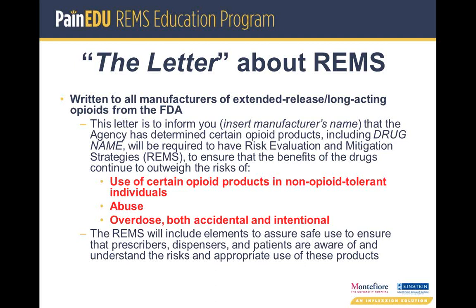While other medications had had a REMS associated with them, one of the hallmark aspects of this was that it was really the first time the FDA was going to require a REMS for a number of different medications at the same time, and that presented a number of challenges.